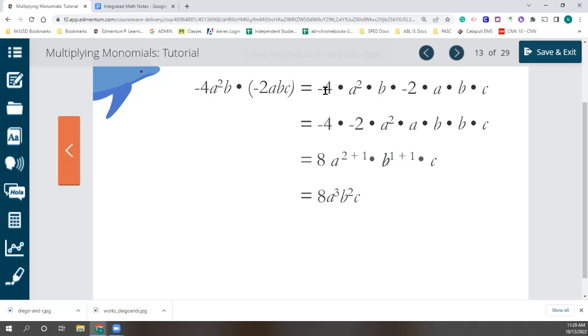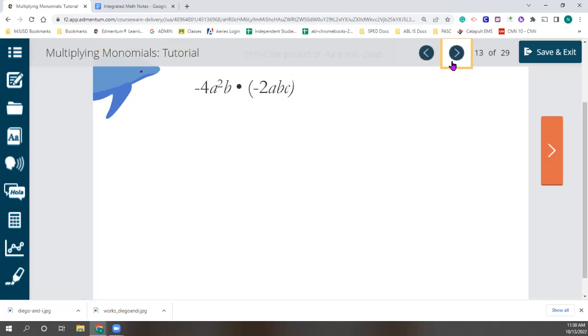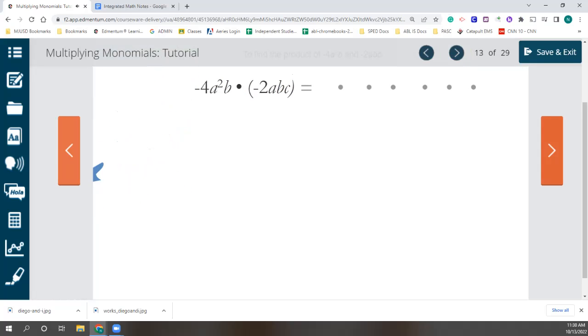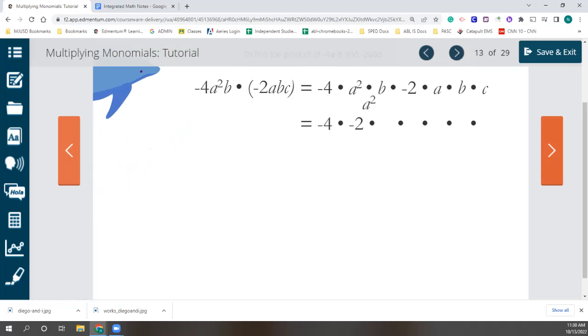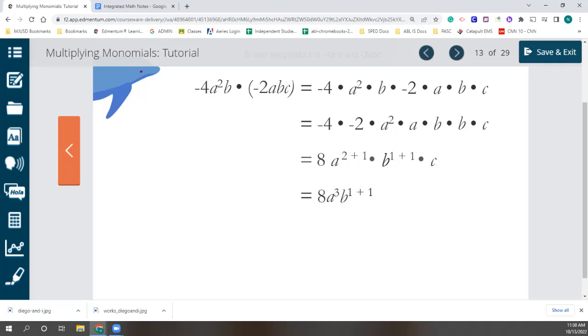So notice all those steps. To find the product, you have to break it all apart, put the terms together, combine the terms, simplify it.